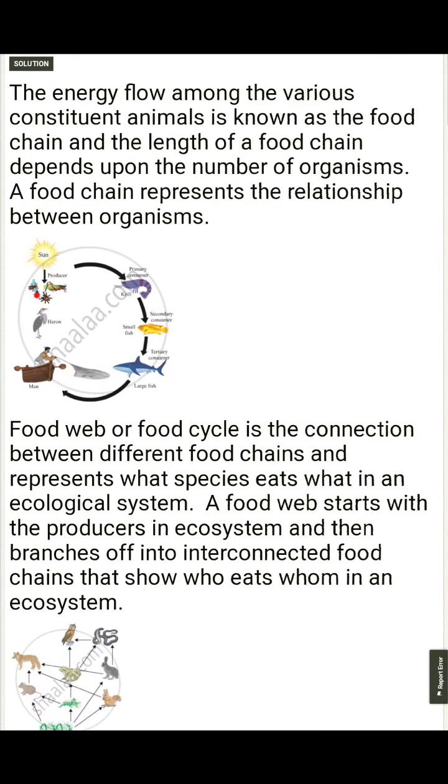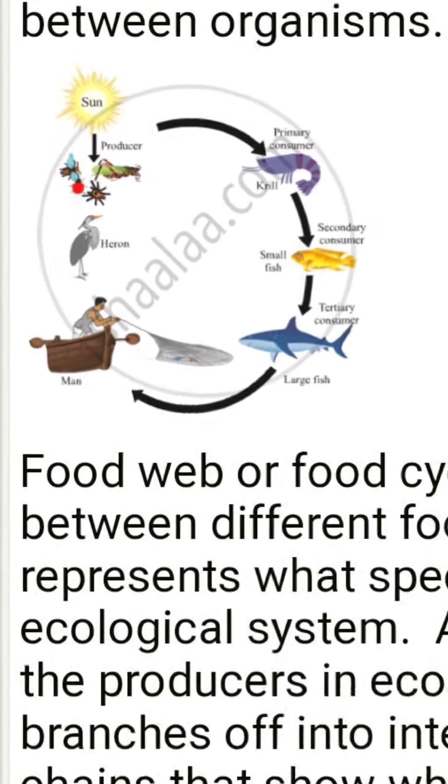The next is: explain in detail the interrelationship between the food chain and food web. So we will write the answer now. The answer is, the energy flow among the various constituents of animals is known as the food chain, and the length of the food chain depends on the number of organisms. A food chain represents a relationship between organisms only. For example, sun is the source.